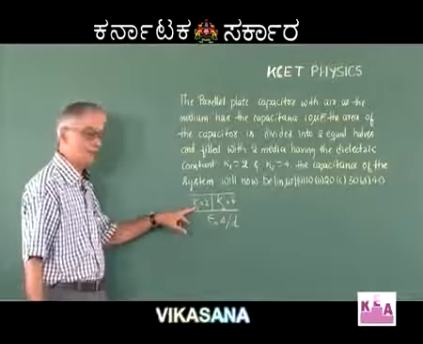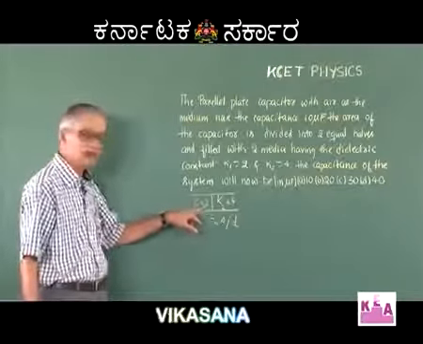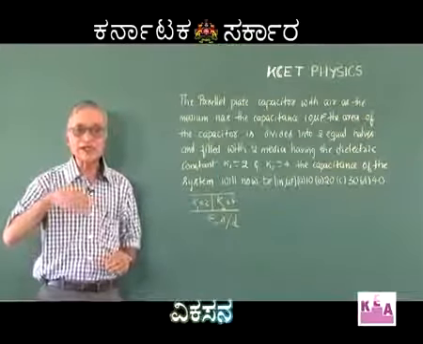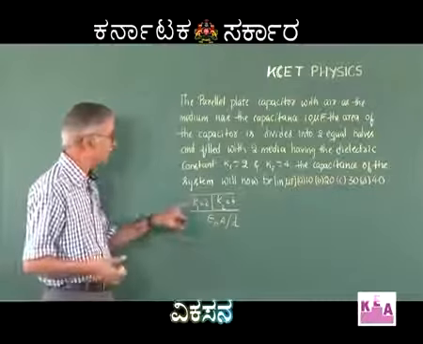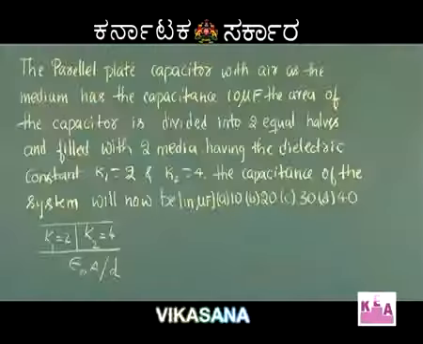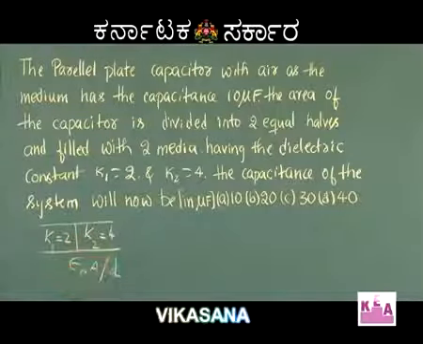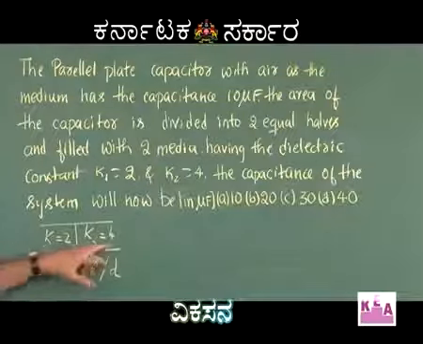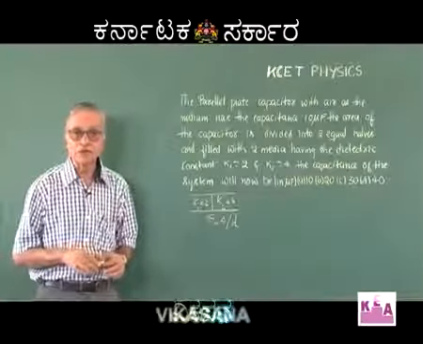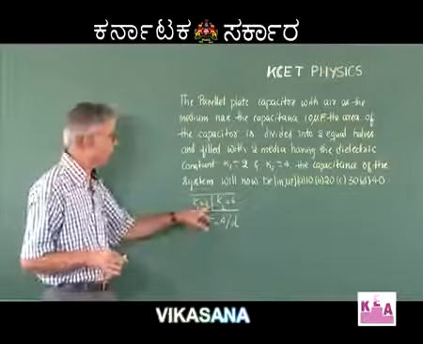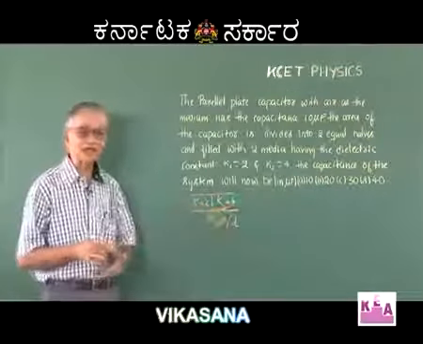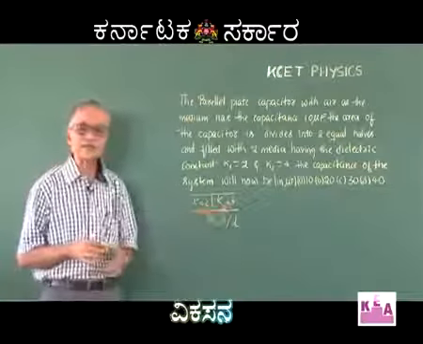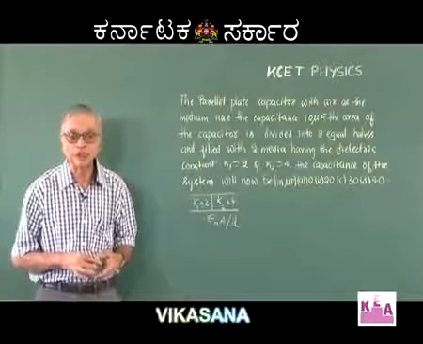If you now fill it with a dielectric material of dielectric constant 2, capacity increases K times, means 5 into 2 is equal to 10. The second half, also with the air medium, had the capacity 5 microfarad, but you have filled it with the dielectric material of dielectric constant 4. Therefore, capacity of the second part becomes 5 into 4 equal to 20.